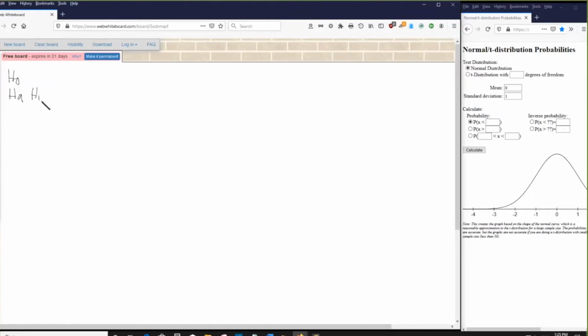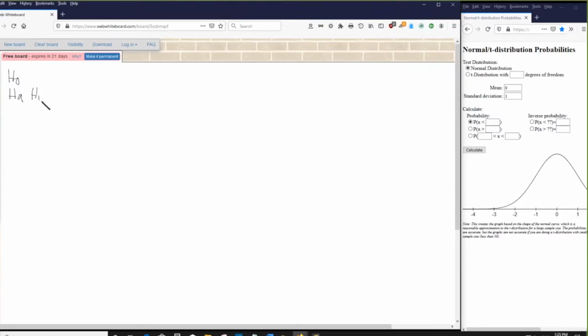So you set up your two hypotheses, then you examine the data, and based on what the data tells you, you're either going to reject the null hypothesis if the sample data favors the alternative hypothesis, or you're going to not reject, or decline to reject, the null hypothesis if the information is insufficient to reject it.